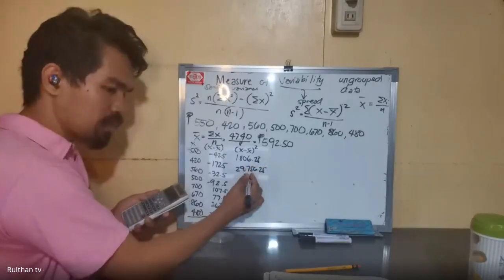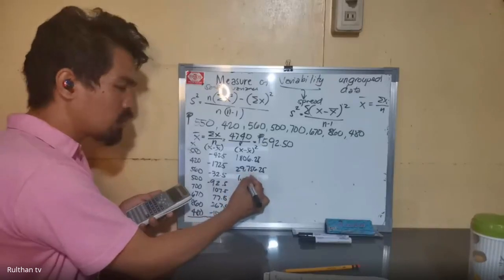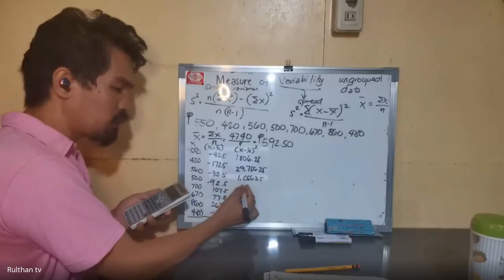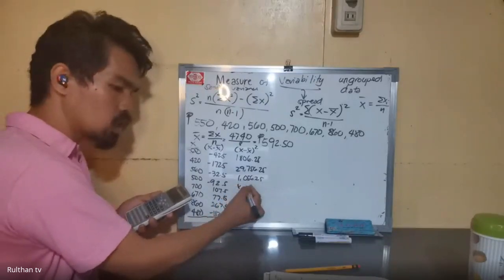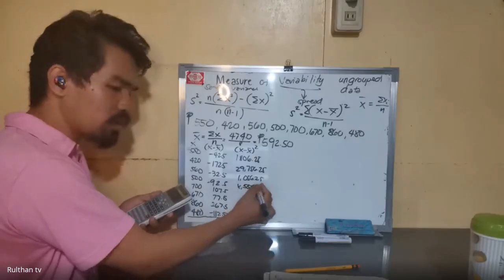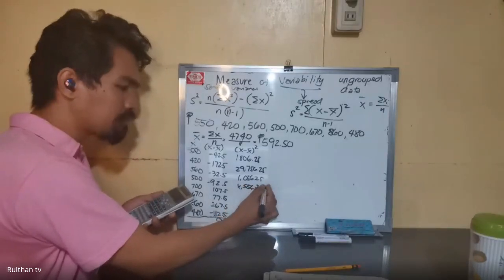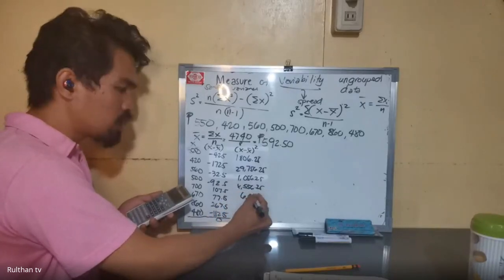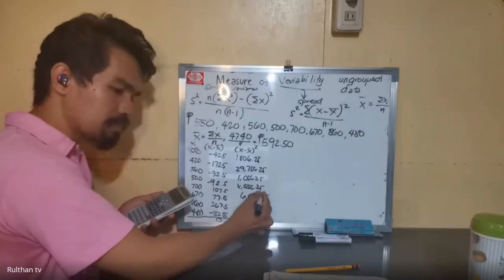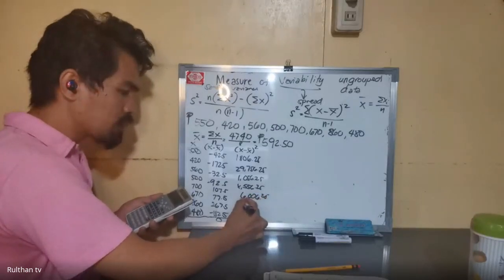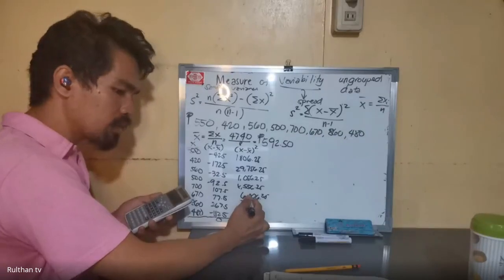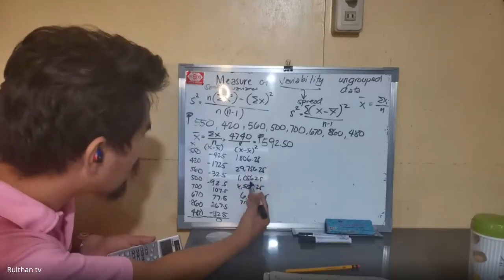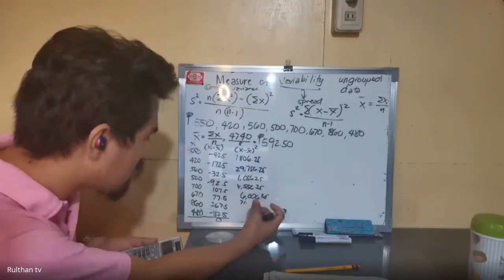29,756.25. Then you have 1,056.25, followed by 8,000 ... Please, I hope you are also doing the same thing on your end. Then you have 6,006.25. Wait, I think I skipped one.